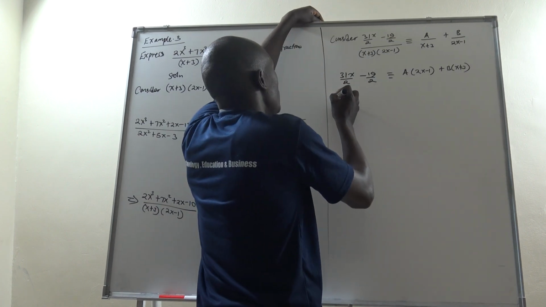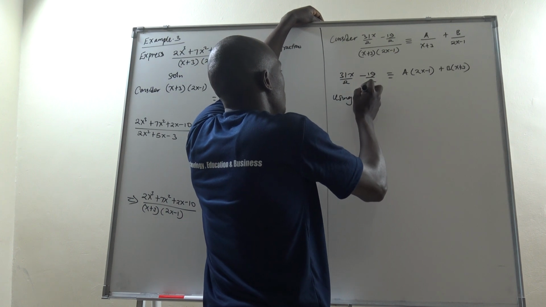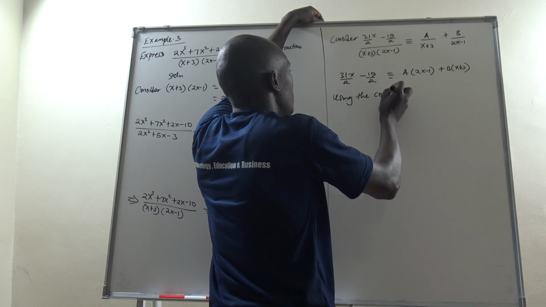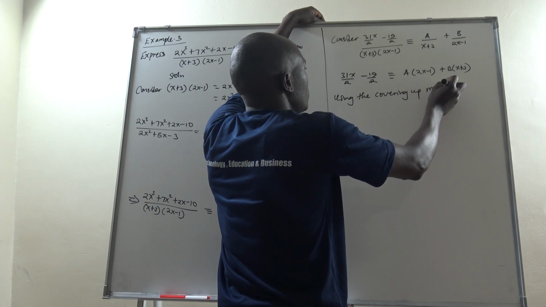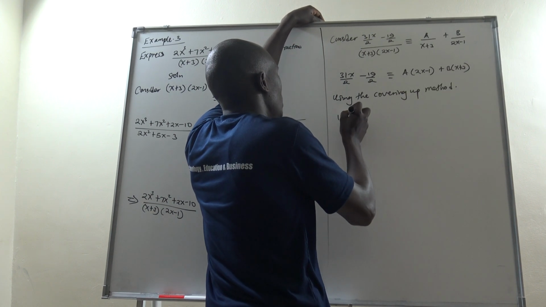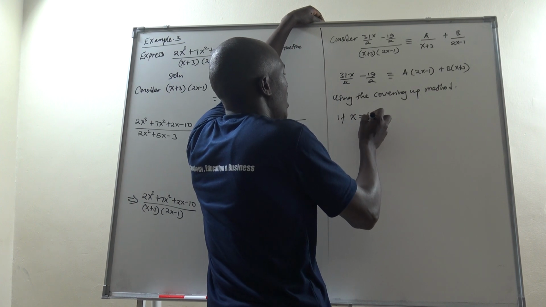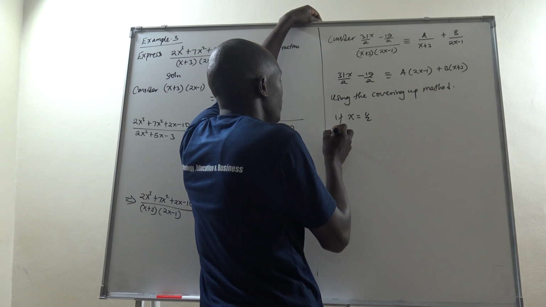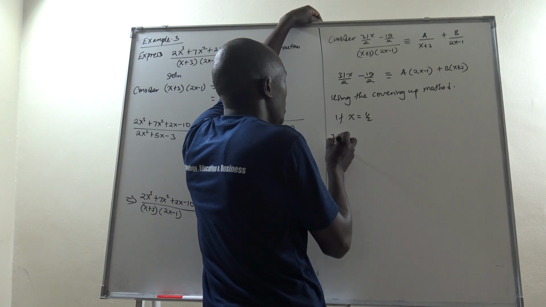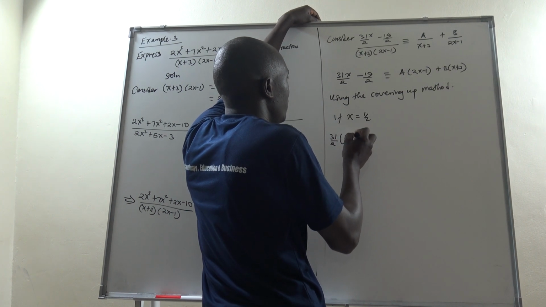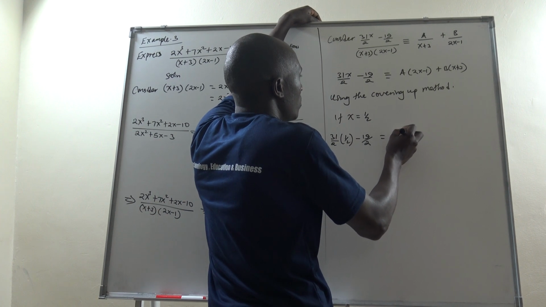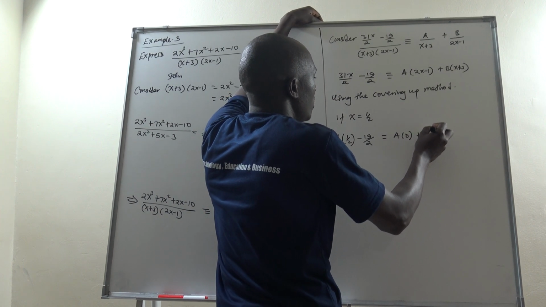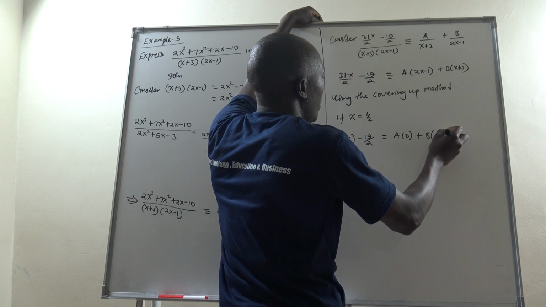Using the covering up method, I can start by saying if x equals a half, we have 31 out of 2 into a half minus 19 out of 2 equals a into 0 plus b into (a half plus 3).